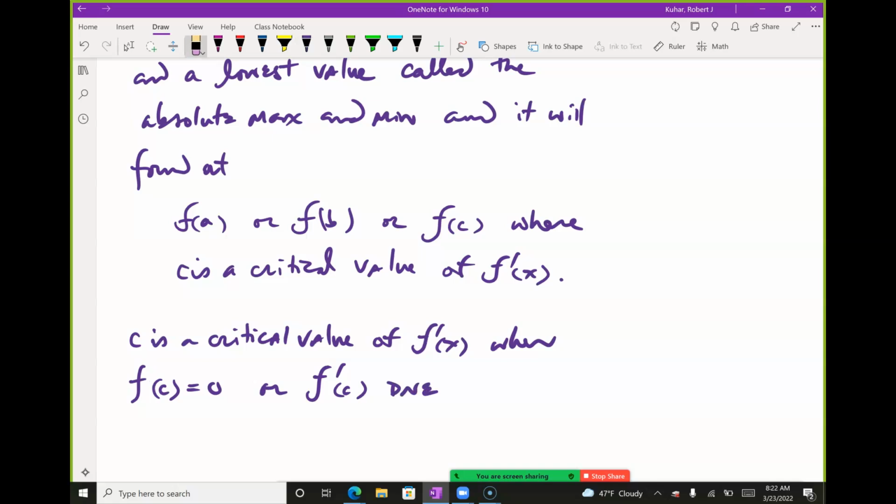What does that mean in even simpler terms? When the numerator of the derivative is 0 is when the derivative is 0. When the denominator of the derivative is 0 is when the derivative does not exist.